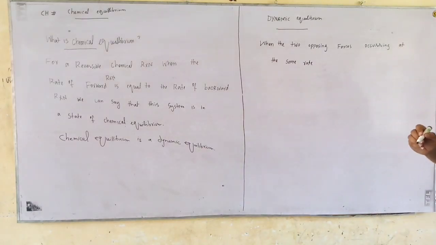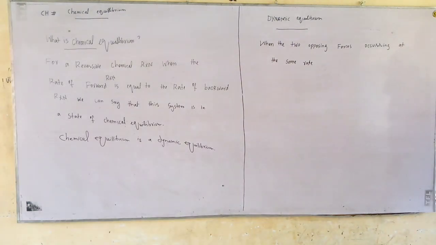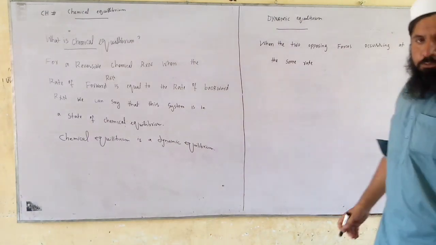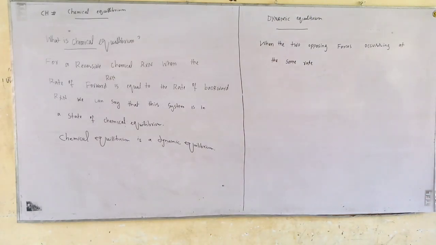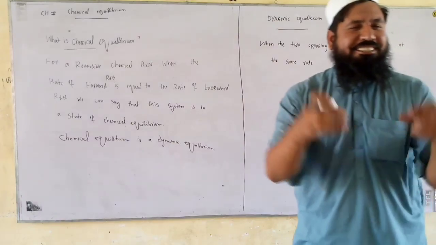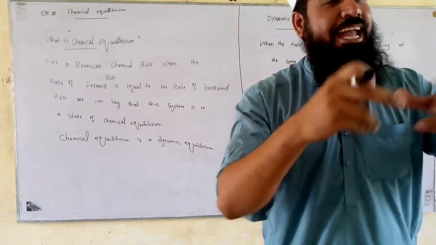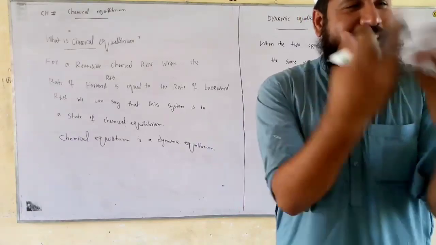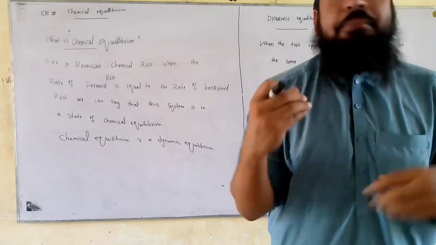So we can use the term dynamic equilibrium. We were discussing the dynamic equilibrium. What is the dynamic equilibrium? When the two opposing forces occurring at the same rate. So we can say that this system or this process is in a dynamic equilibrium.